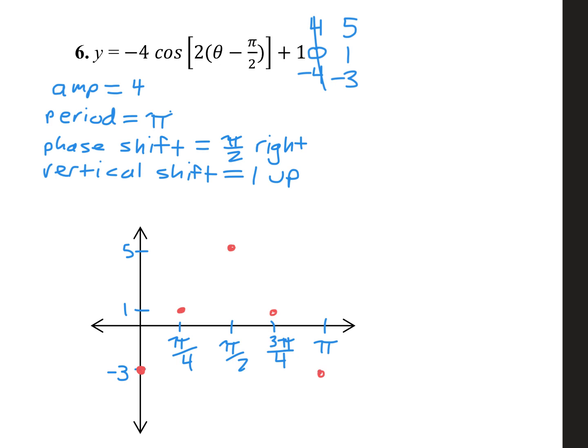Those red points need to shift pi over 2 to the right. So pi over 2 on this graph is 2 of the increments that we have. All right, so I would shift the top point. So I'd shift this top point and have it go pi over 2 to the right. So it'd go over here. And then we could just work around that point.